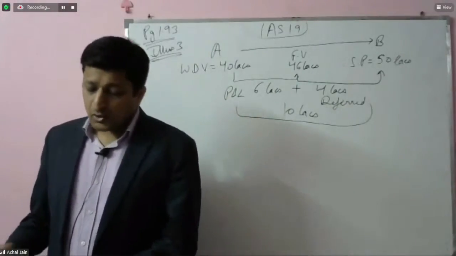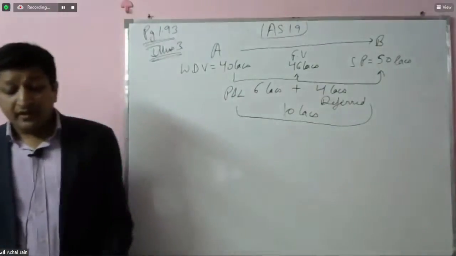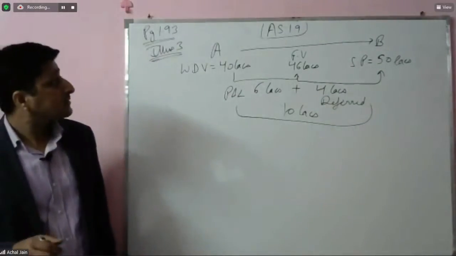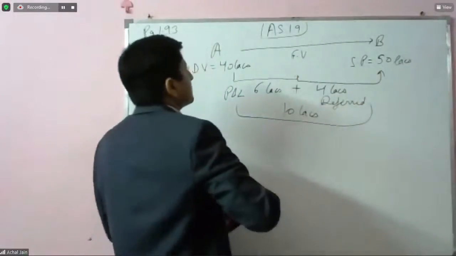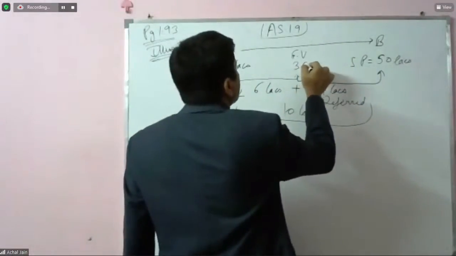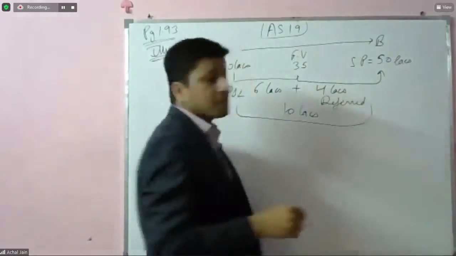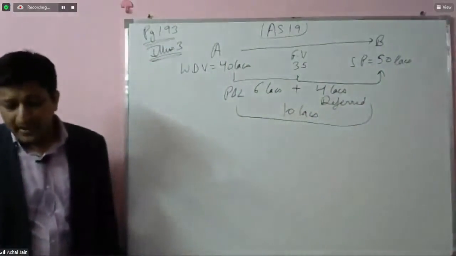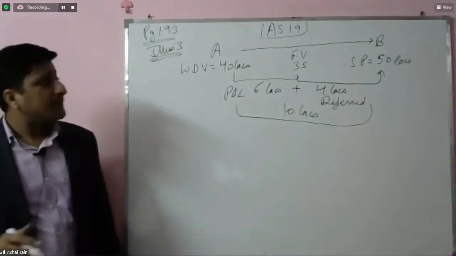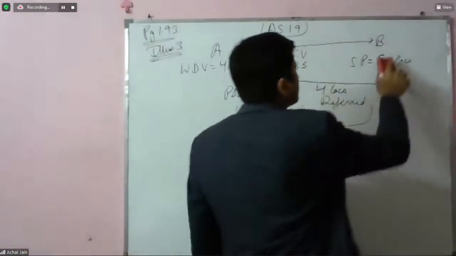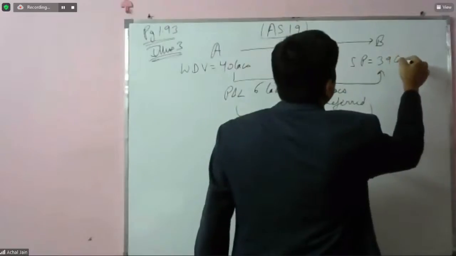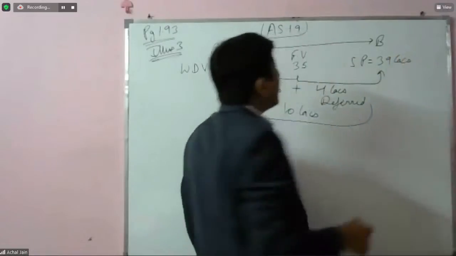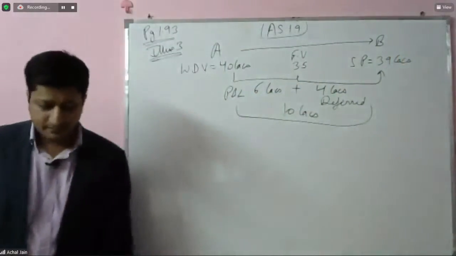Okay. So last situation. Fair value is 35 lakhs and sale price is 39 lakhs. Here again, what do you see?